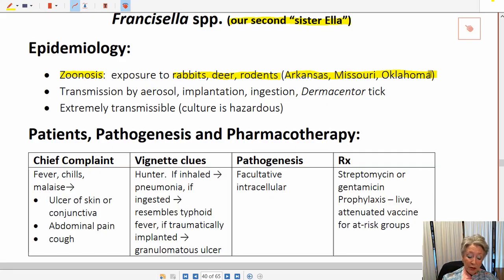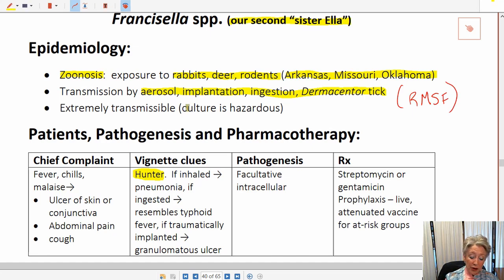So they're likely to mention a patient being a hunter of one of these animals. Transmission is via a variety of different ways: aerosol, implantation, ingestion, tick bite, the same tick that transmits Rocky Mountain spotted fever that we'll talk about toward the end of this chapter.